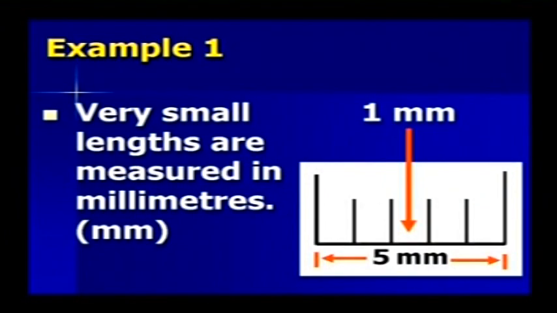Okay, millimeters. And this diagram here shows 1 millimeter. If you look closely at your ruler, comparing your ruler to this diagram, this is 1 millimeter. That's the smallest unit of length.